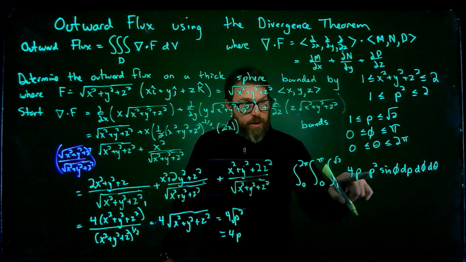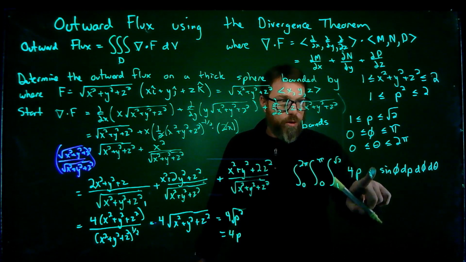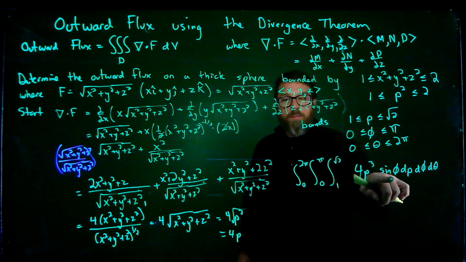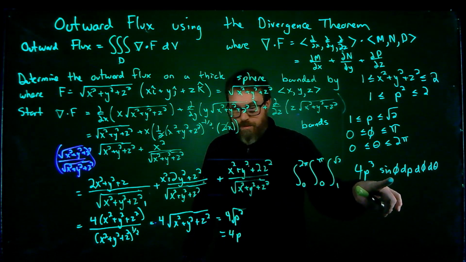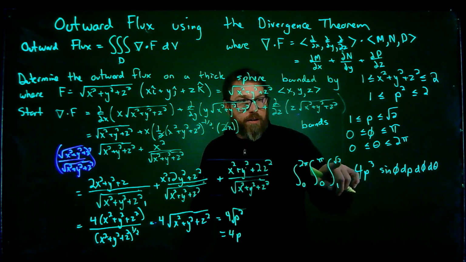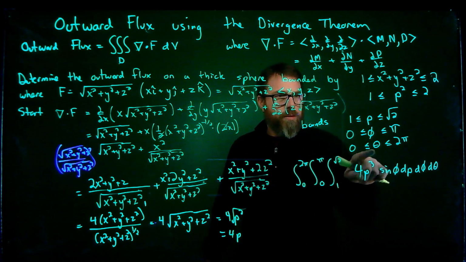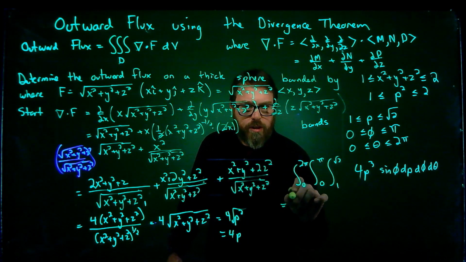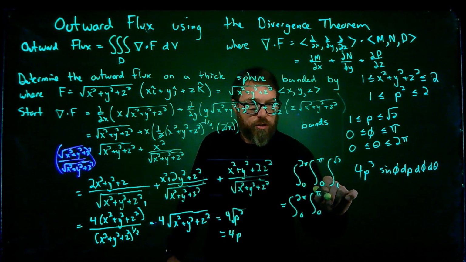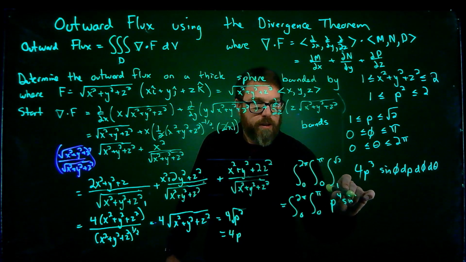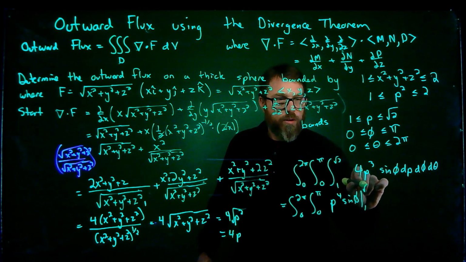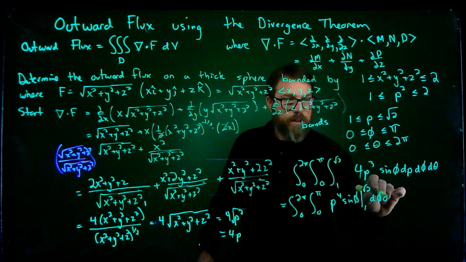Okay, so integrating this is now going to be 4 rho cubed. Actually, we're going to do the rho first. So this is going to be 4 rho to the 4th over 4, which is equal to the integral from 0 to 2 pi, integral from 0 to pi of just rho to the 4th sine phi evaluated from 1 to root 2, d phi d theta.